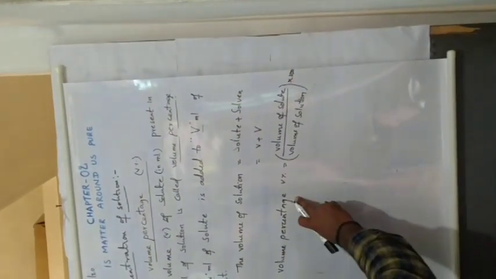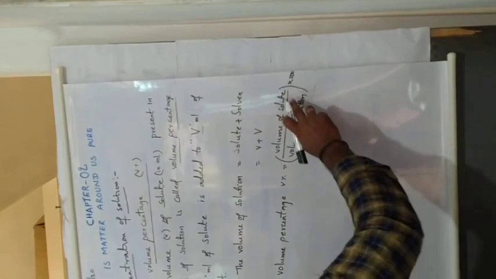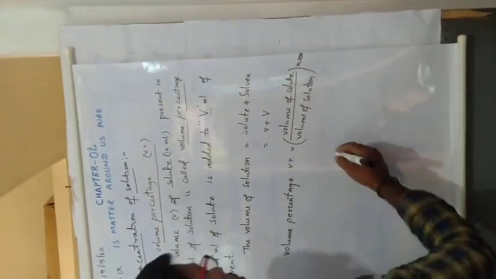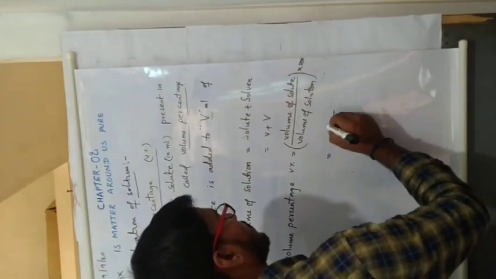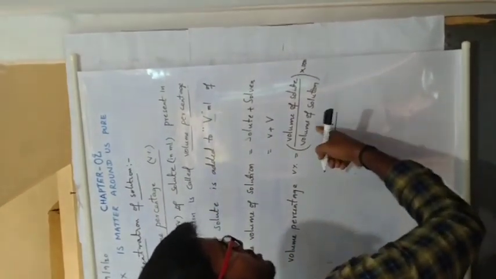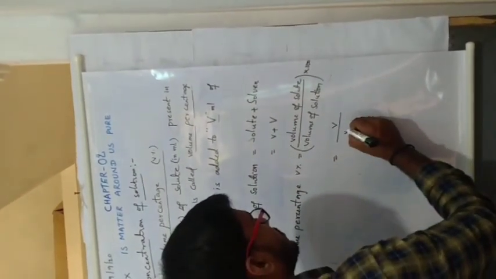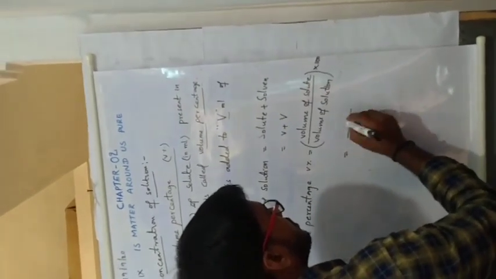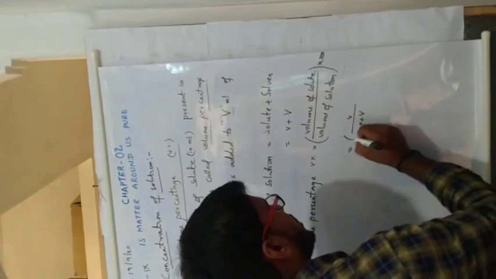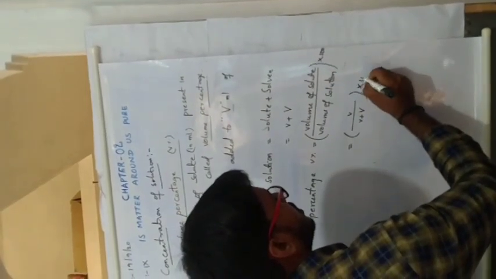The formula of volume percentage is volume of solute by volume of solution. Here volume of solute is small v, and volume of solution means small v plus capital V. So you can write small v by small v plus capital V into 100.